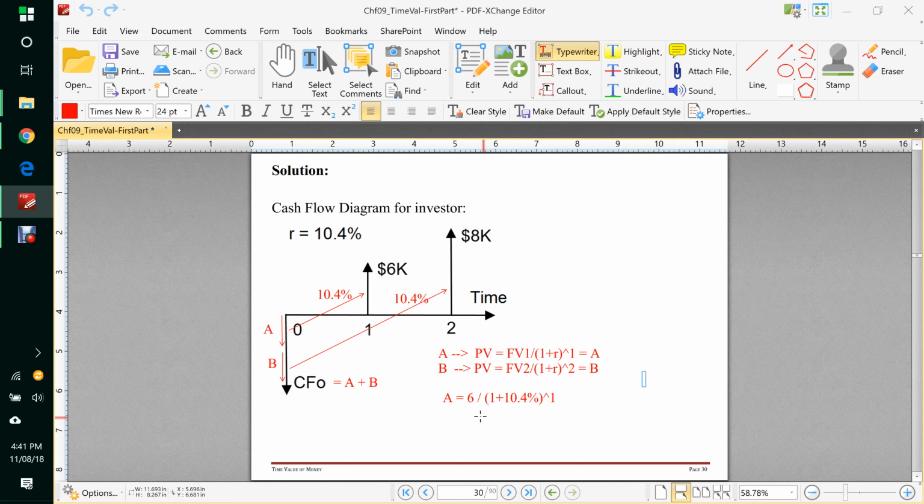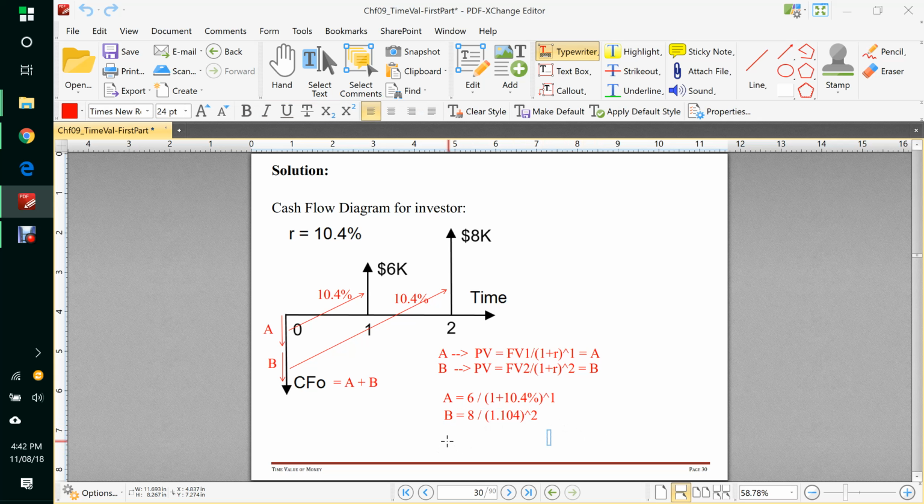Okay, so working that out, substituting in, A is going to be equal to 6,000 divided by 1.104 raised to the 1, and similarly B is going to be equal to our 8,000 divided by 1.104, that's 10.4% by the way, raised to the 2.